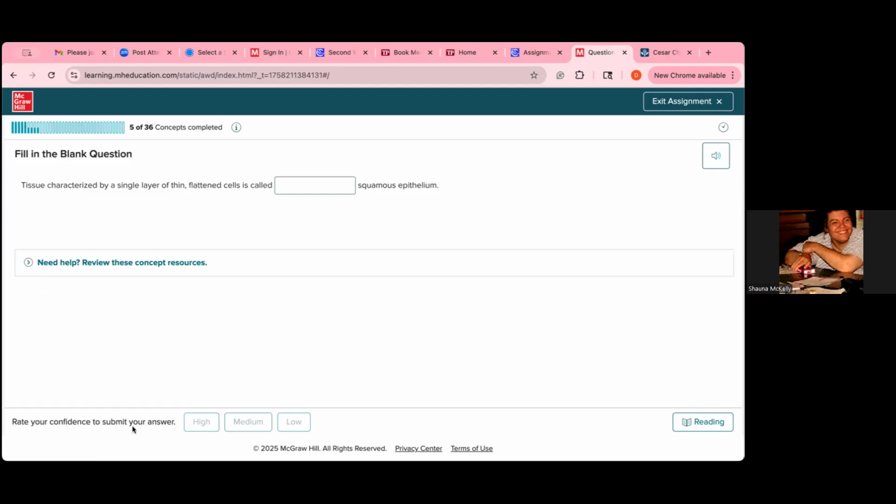Tissue characterized by a single layer of thin, flattened cells is called blank squamous epithelium. What word is missing there?